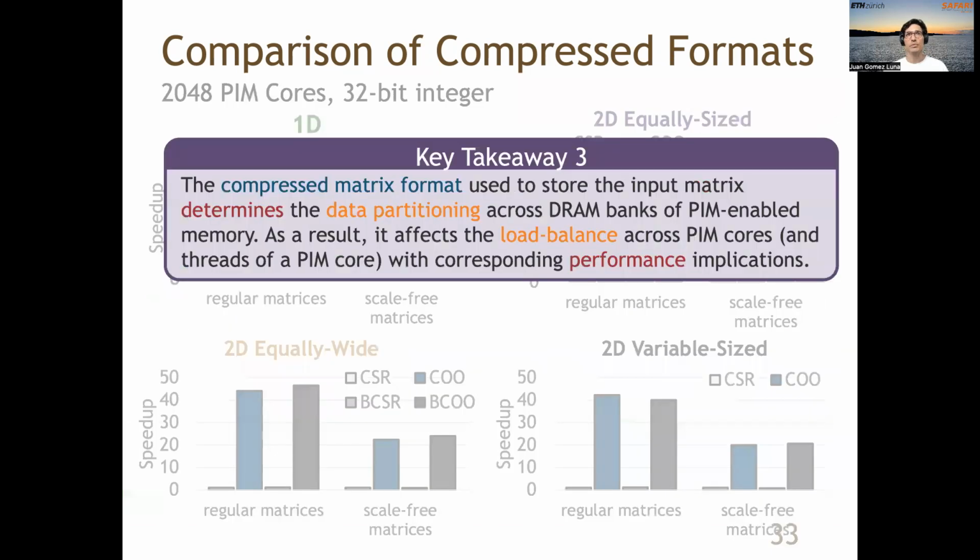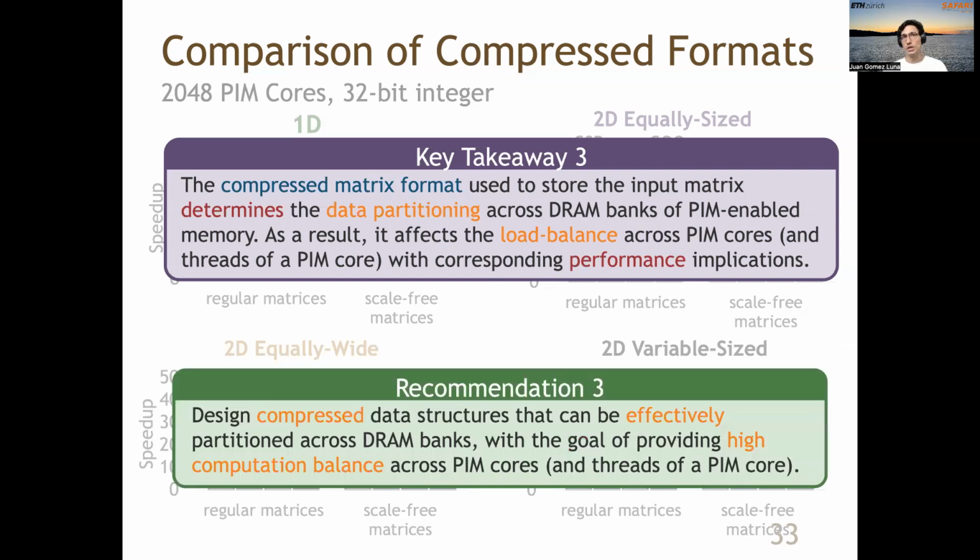CSR and BCSR. So one key takeaway of our work is that the compressed matrix format that is used to store the input matrix determines the data partitioning across DRAM banks of the PIM-enabled memory. And as a result, it affects the load balance across PIM cores and the threads inside the same PIM core, with the corresponding performance implications.